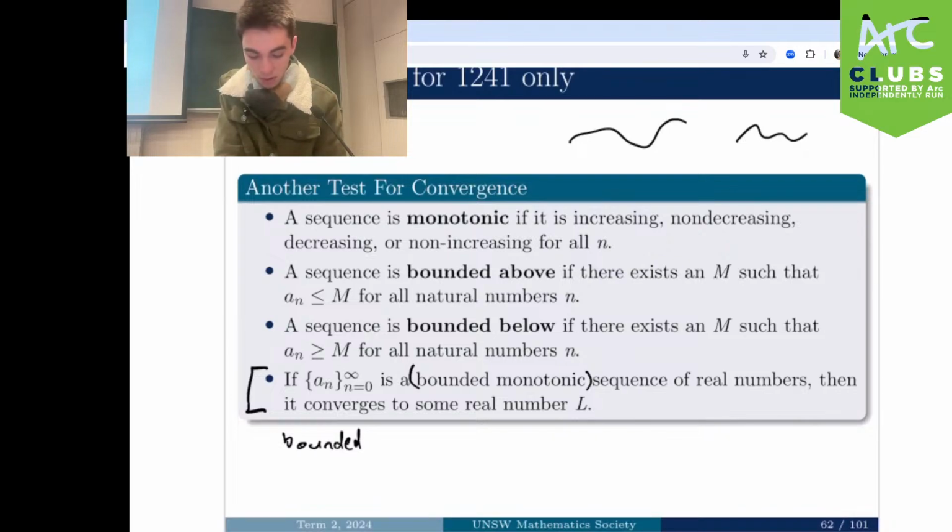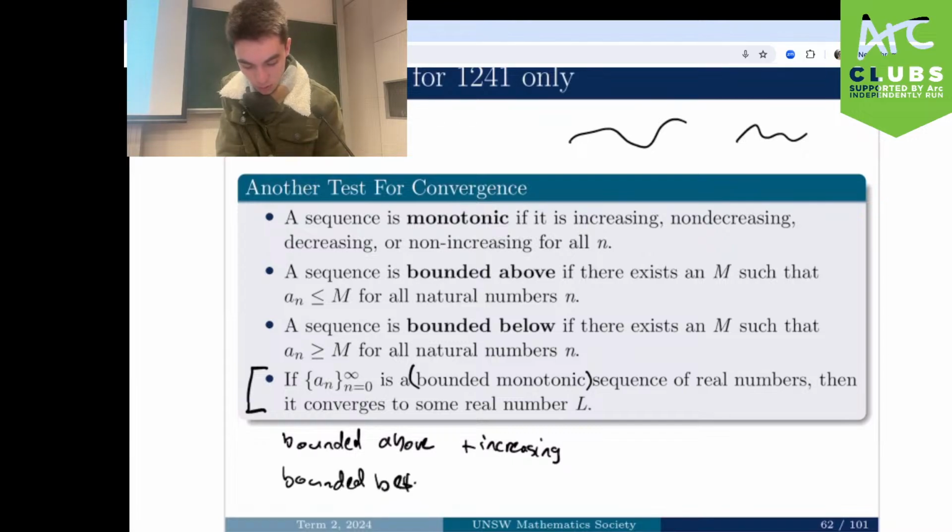So it could be bounded above and increasing, or it could be bounded below and decreasing, and both of these would result in the sequence converging.